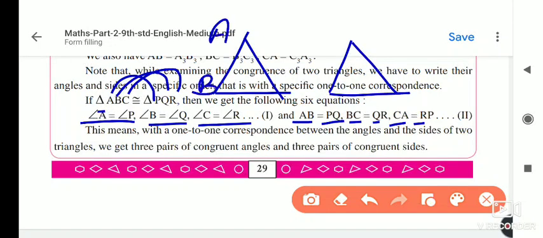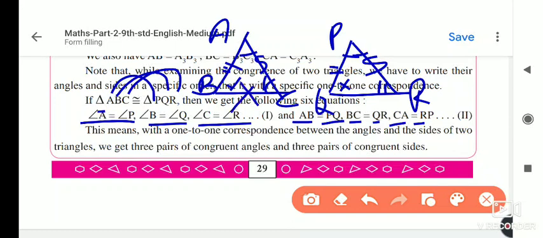This is A, B, C, this is P, Q, R. Then all angles means A is congruent to P, B is congruent to Q, and C is congruent to R. And with this, AB is congruent to PQ, AC is equal to PR, and BC is equal to QR. If two triangles are congruent to each other, these things are equal.